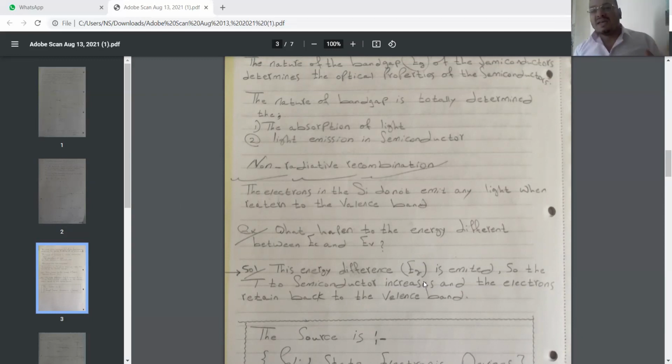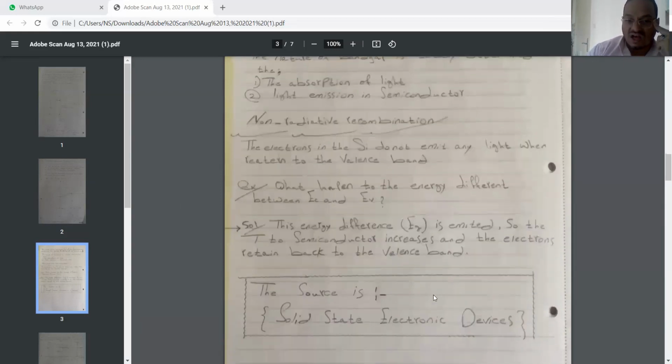What will happen as a result? The temperature of the semiconductor will increase and the electrons return back to the valence band. From where? Sure, from the conduction band, they will come back to the valence band when the temperature increases.